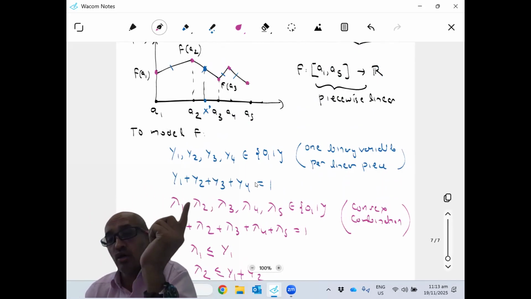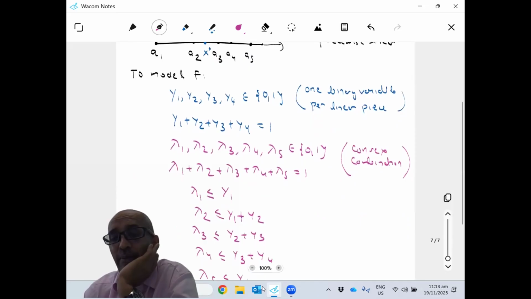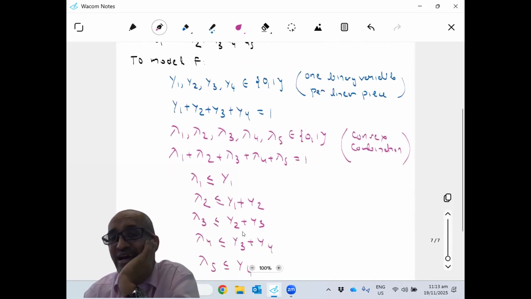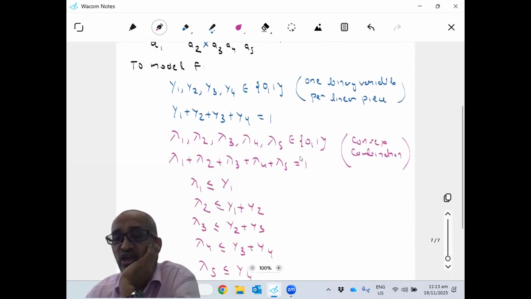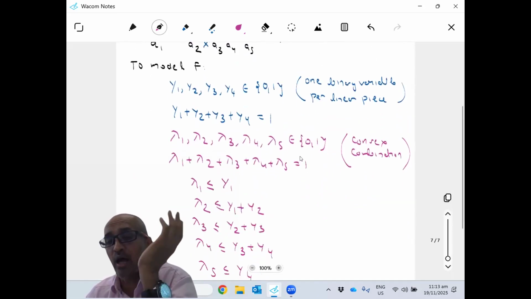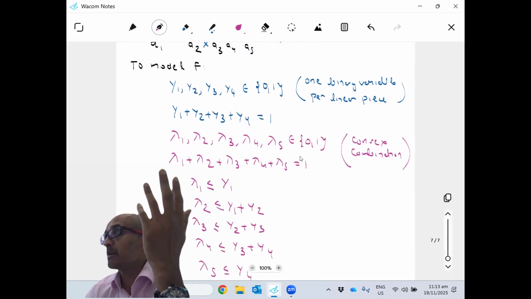I only want to ensure that for x star, lambda 2 and lambda 3 are positive. So the way that will happen is through this constraint. What will this constraint say? Because exactly one of the linear pieces is optimal. If y2 is 1, lambda 2 is allowed to be positive, and lambda 3 can be positive.